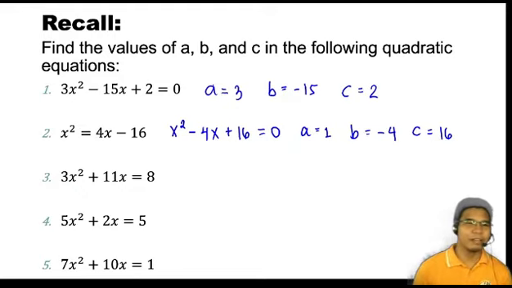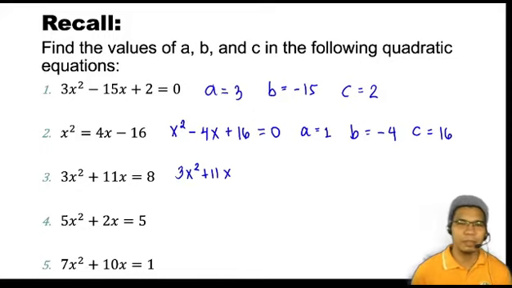Let's proceed now with number 3. We are given 3x squared plus 11x equal to 8. First, let us write this equation in standard form. This becomes 3x squared, you just copy, plus 11x. Then using the addition property of equality, you transfer positive 8 to the other side of the equation, so that will become negative 8 equal to 0.